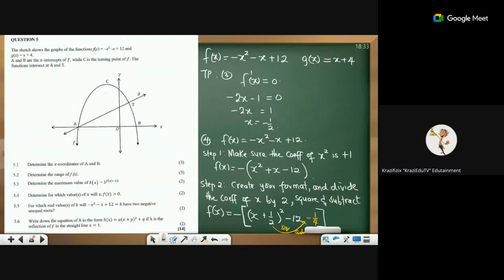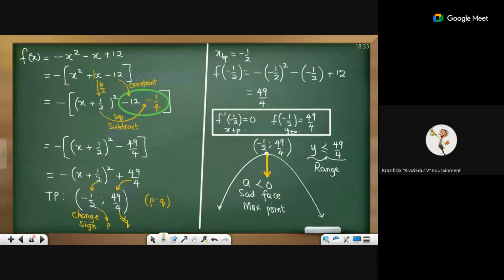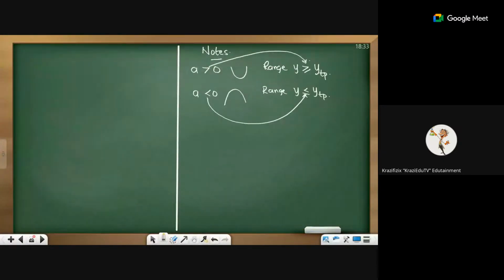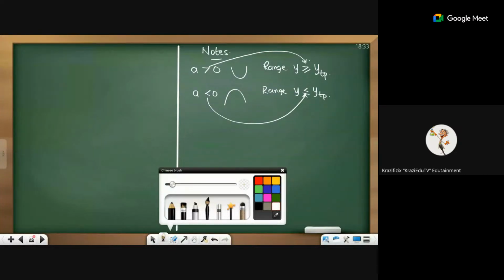Look at 5.3. Somebody's already screaming now. Determine the maximum value of k of x, if k of x is 3 to the power f of x minus 12. Somebody's saying, oh no, now we're starting. What does the examiner say?